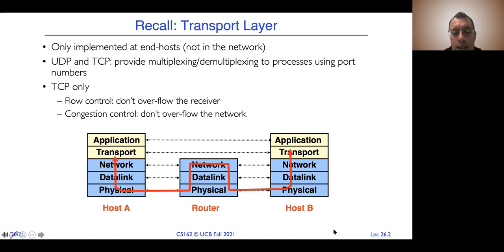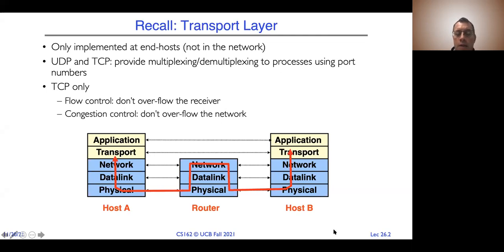But once the packet gets to that end host, it needs to be delivered to a particular process, to a particular application to be processed. And the way you differentiate between these different processes is using port numbers. So the transport layer is the one who uses port numbers to demultiplex a packet when it arrives at an end host and deliver it to the proper process.